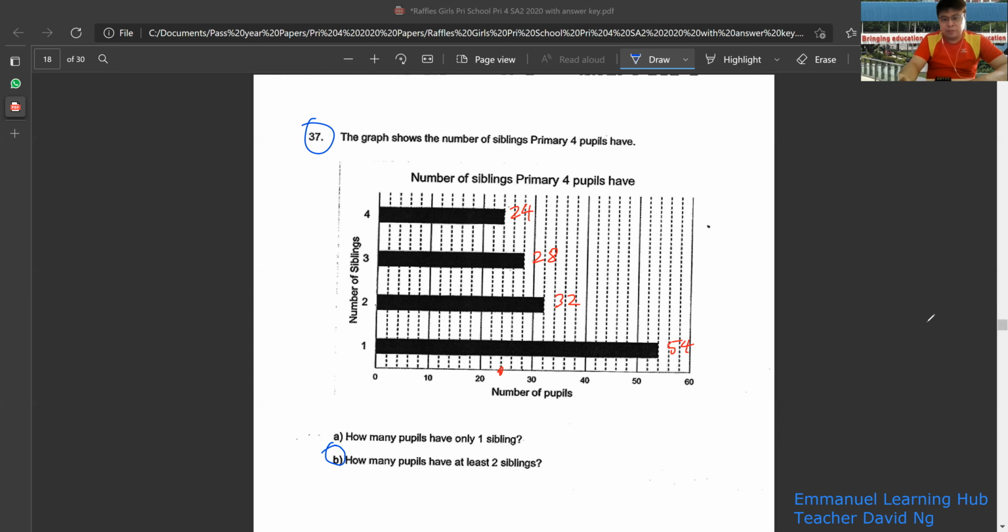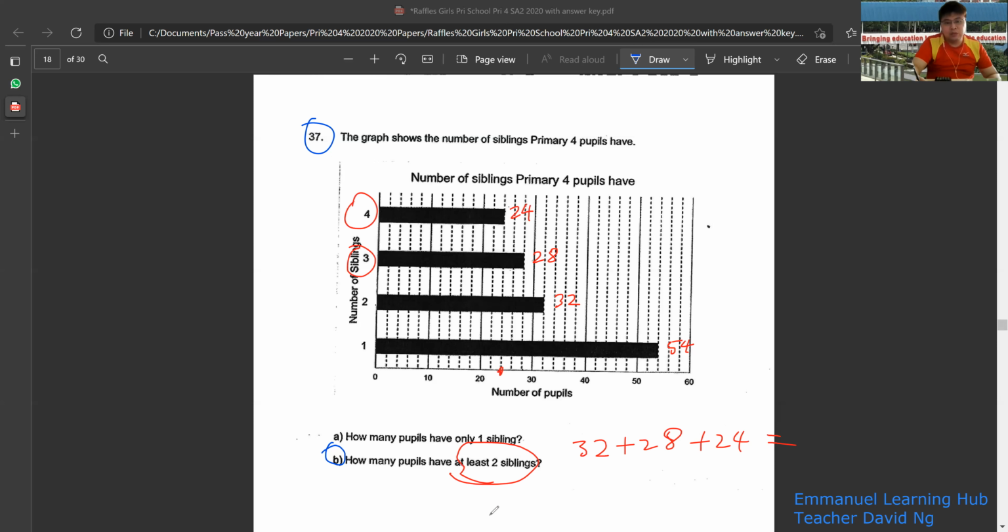Okay, understand? So how many pupils have at least 2 siblings? At least 2 siblings, does it include the pupils that has 2 siblings? Not 32, at least 2 siblings. 32 plus 28 plus 24, because inclusive of those, there's 3 and 4 siblings.